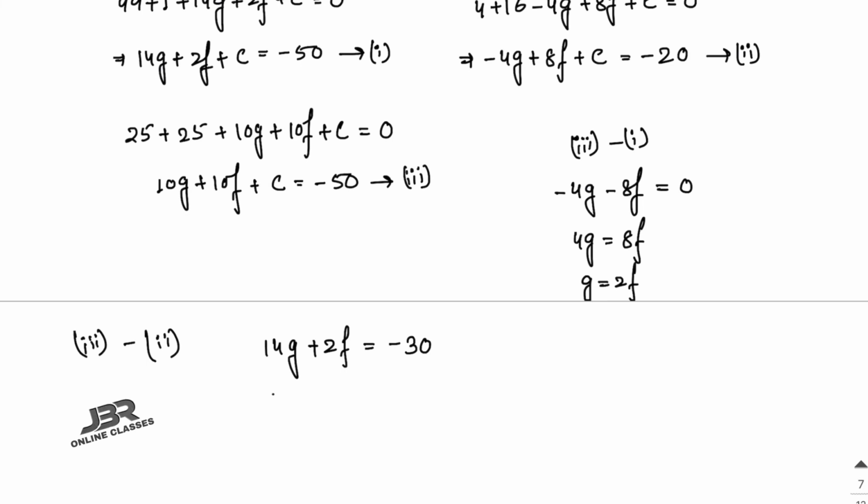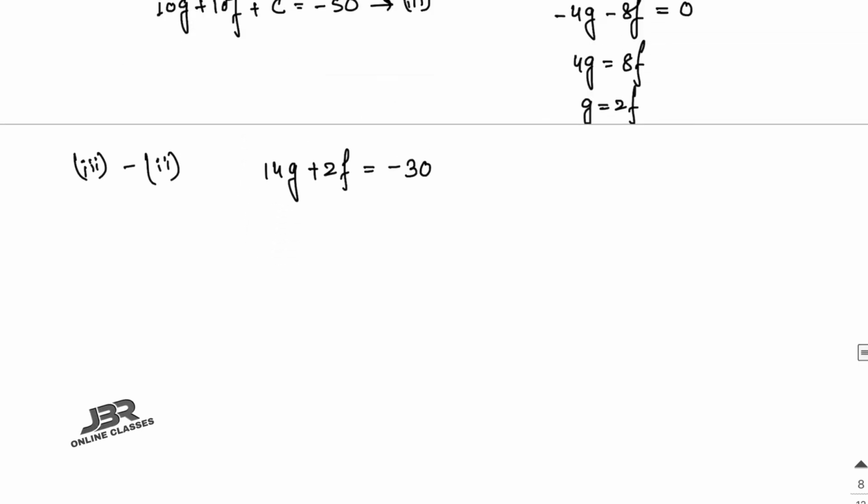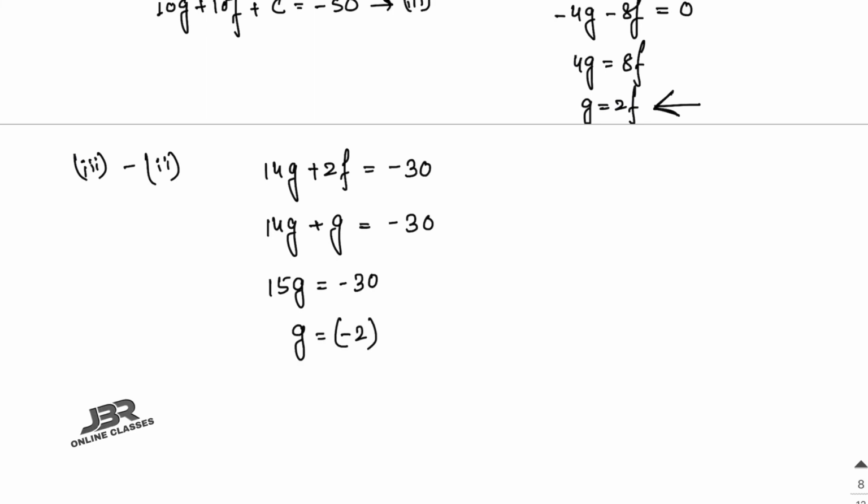Now here, just write 14g, no problem, and in place of 2f just put g, as g equals 2f, so that equals minus 30. So 15g equals minus 30, then g equals minus 2, so f equals minus 2 by 2, that means minus 1.